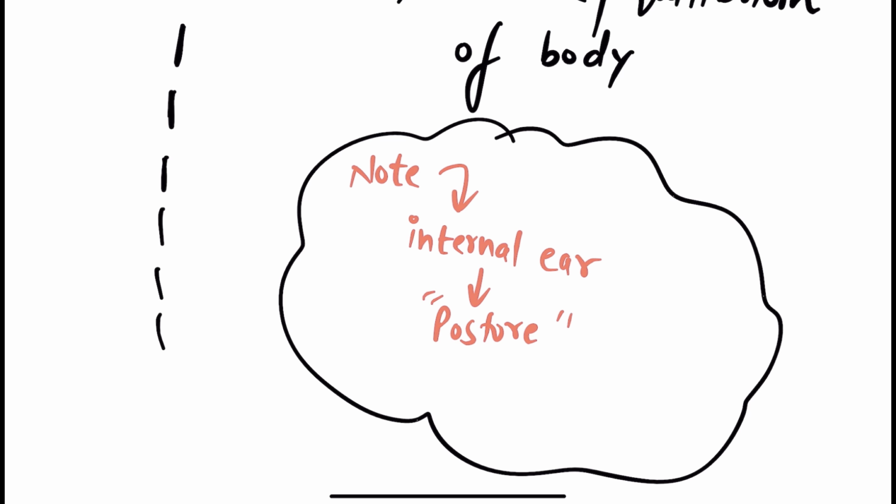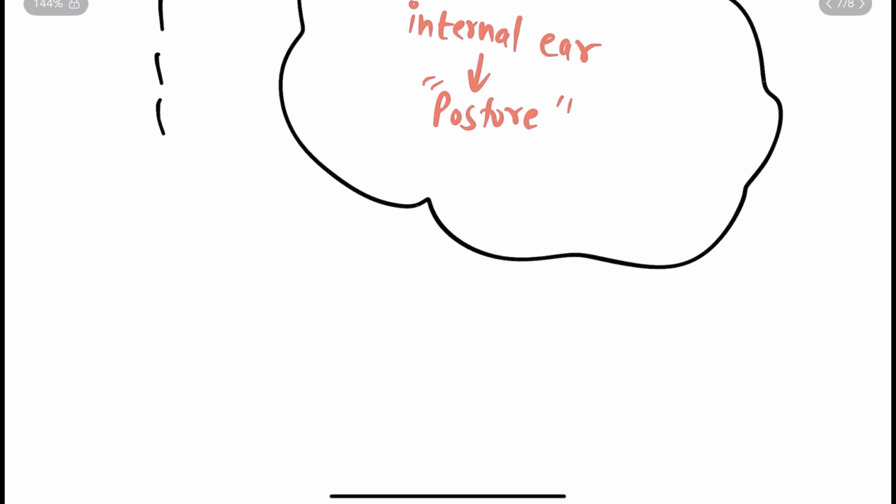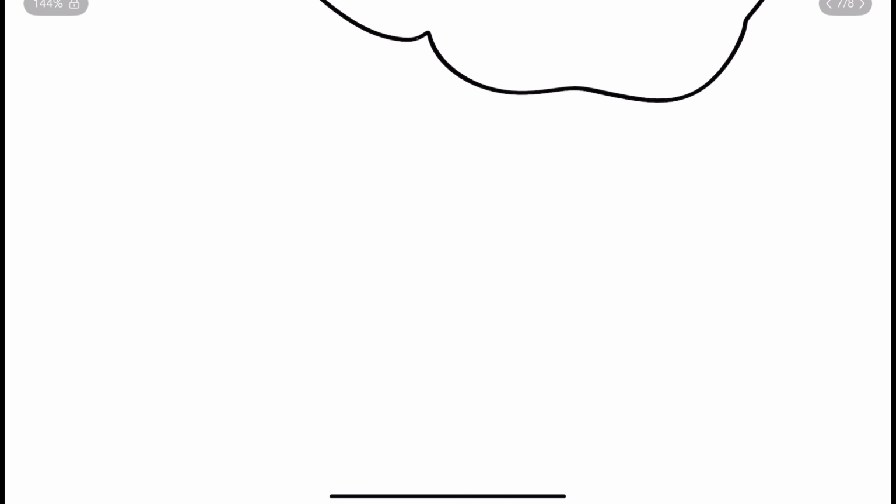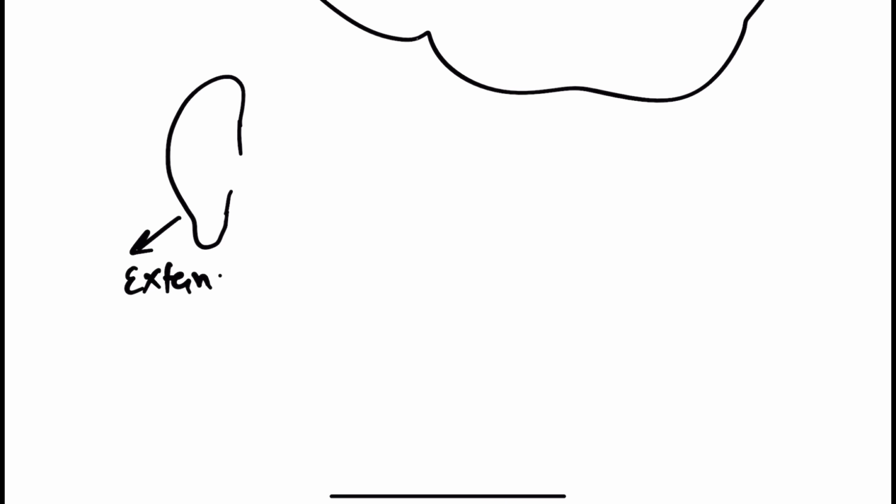Now you may be wondering, what is internal ear? We have only ears. What is internal ear? So from outside you are able to see the external ear, the ear pinna. This is your ear pinna that you can touch. This comes under the external ear. From that external ear a tube emerges, and we have kaan ka parda, we call that eardrum.